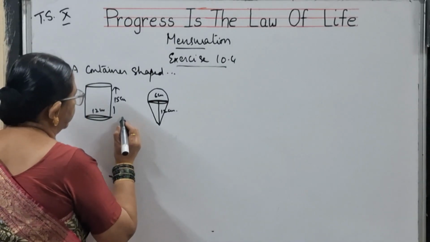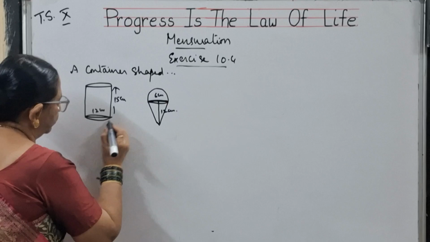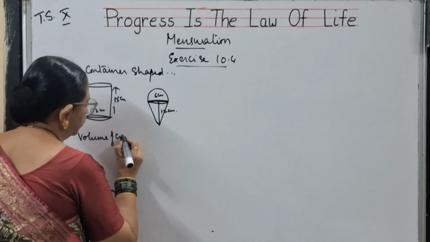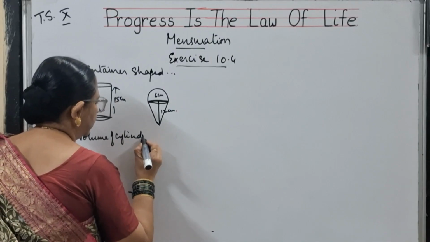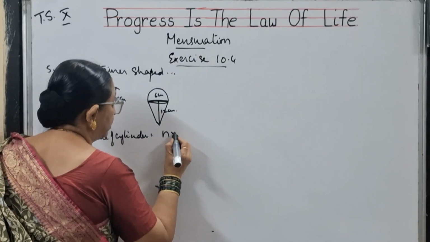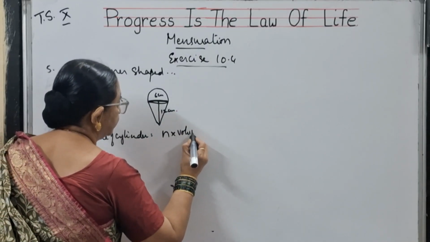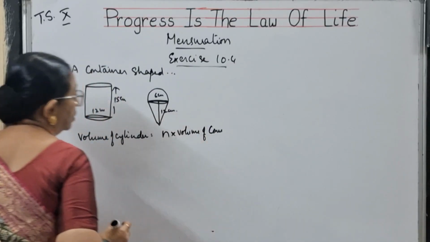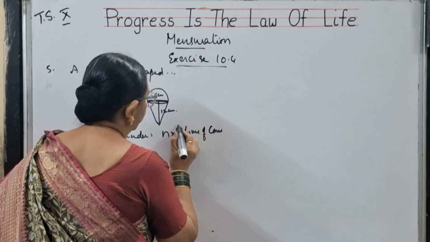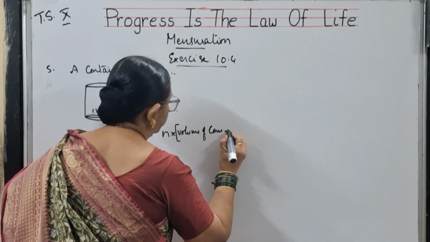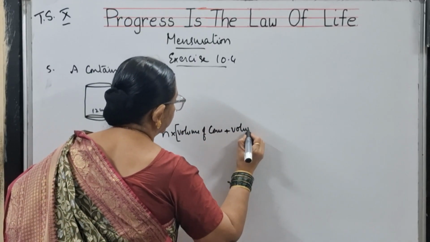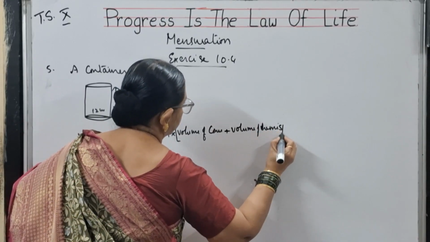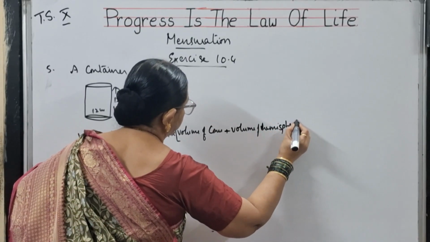So we can say that volume of cylinder is equal to n into volume of cone plus volume of hemisphere. Both volumes.